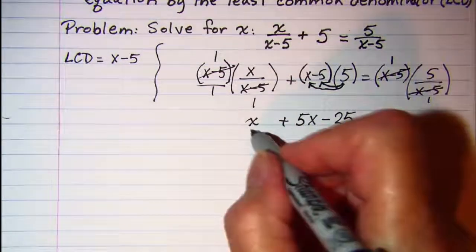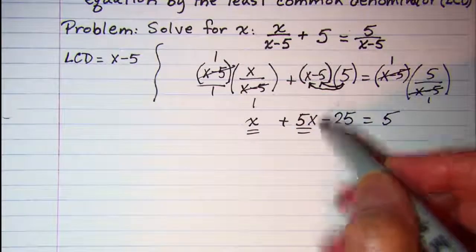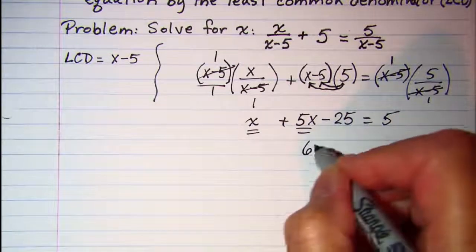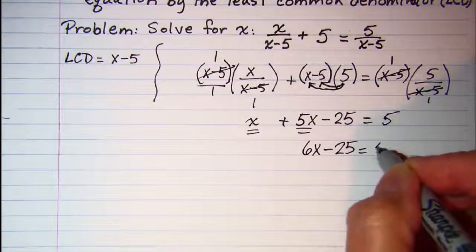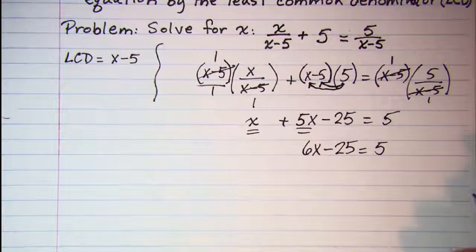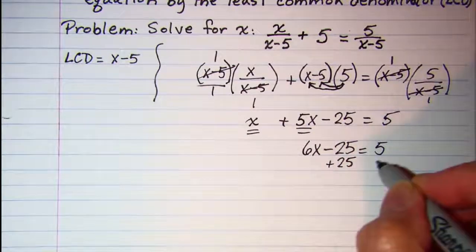Let's combine like terms. So x plus 5x is 6x. And then add 25 to both sides.